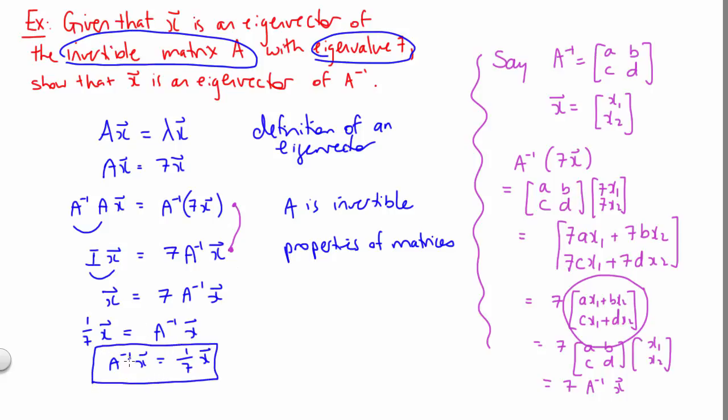So we've now got the pattern of a matrix times a vector equaling a constant times that original vector. So this tells us that x is indeed an eigenvector of A inverse. And if we want to be a little bit more specific, we can say corresponding to the eigenvalue lambda equals 1/7.